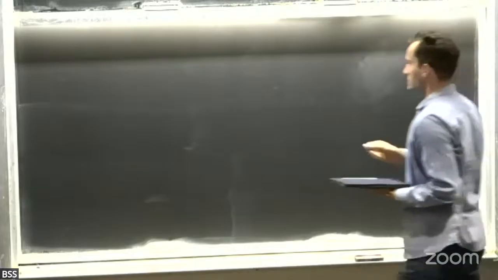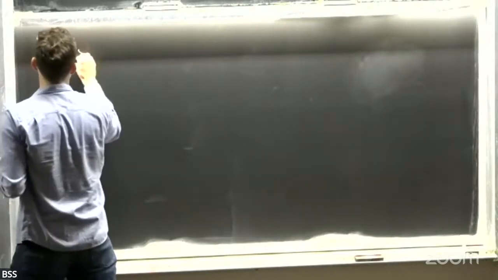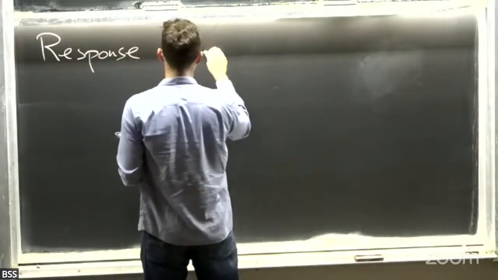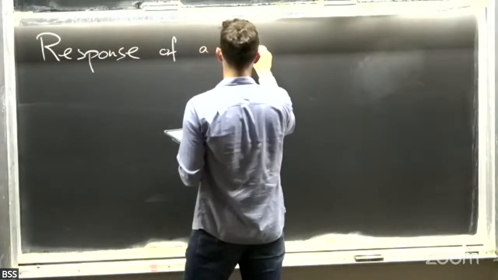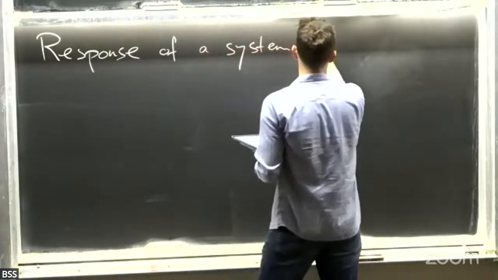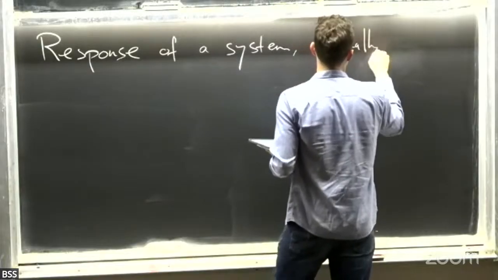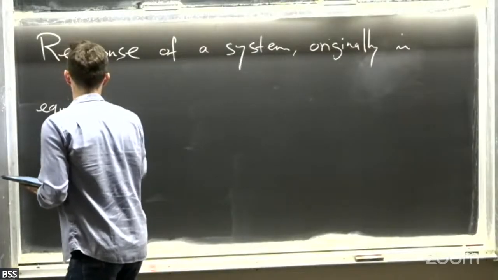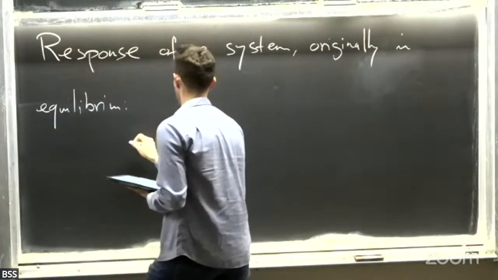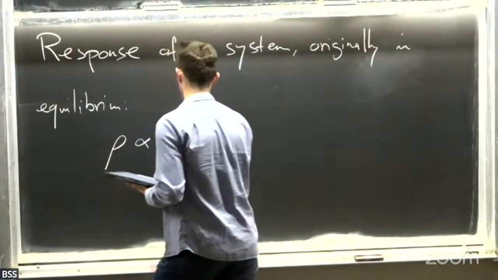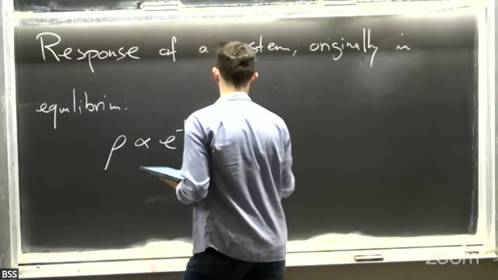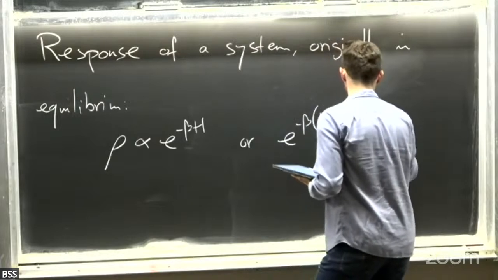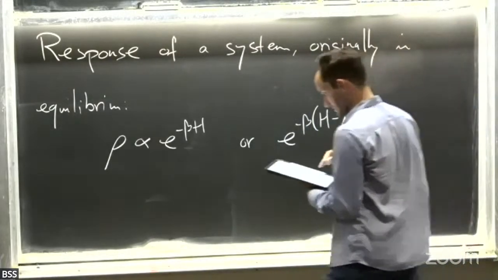So I'd like to ask a very general question, which is the response of a system initially in equilibrium to external perturbations. Okay, so originally the system will be described by maybe a Gibbs state, or if you're keeping track of some other conserved quantities, you might have some other density matrix, but by some equilibrium states.